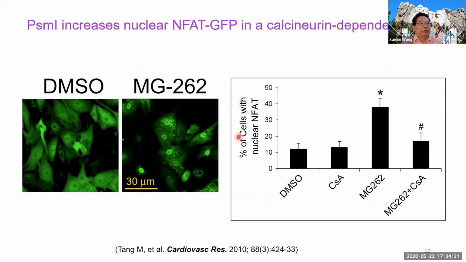This is just one of the figures. The NFAT nuclear translocation by proteasome inhibition is calcineurin dependent, because when we used cyclosporin A to inhibit calcineurin, the nuclear translocation is nearly completely blocked.